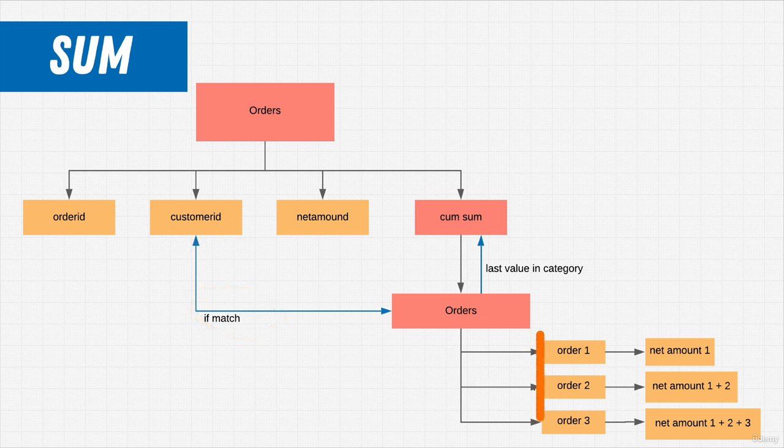And then, hey, go and sort them by order ID, basically by the number of the order ID. And so what we're doing is now, because of the way that order by works, and because we didn't change the framing at all, it's going to take into account current and previous. And because order 1 has no previous, it is just the net amount of 1. And then if we look at order 2, well, it's going to take the previous, take the current, and sum those together. And so that's how we create our cumulative sum.